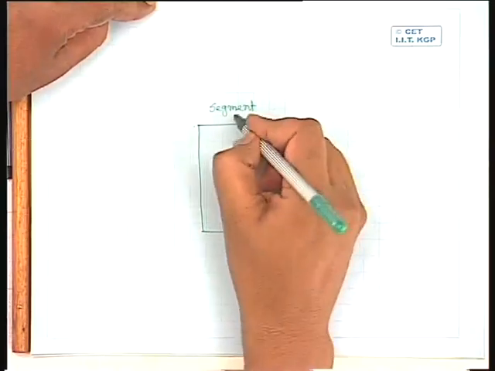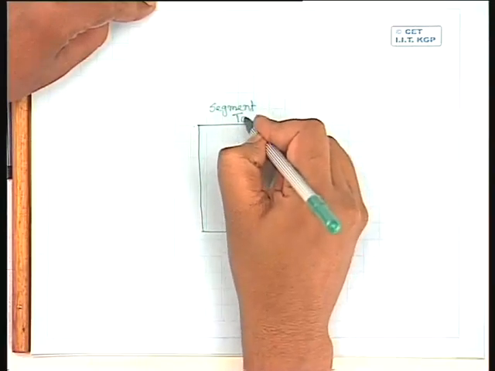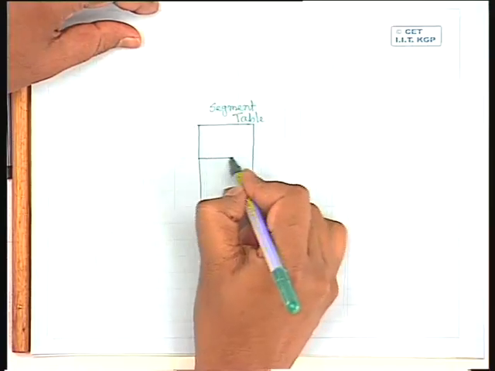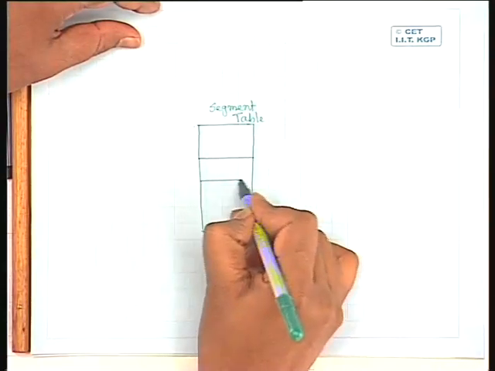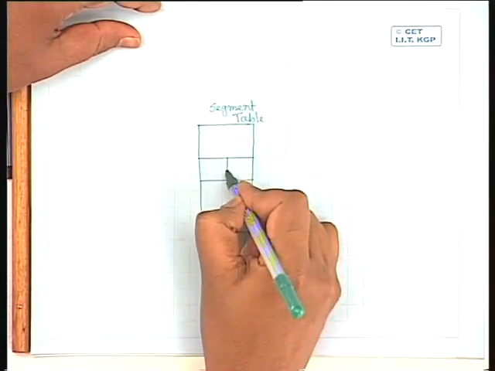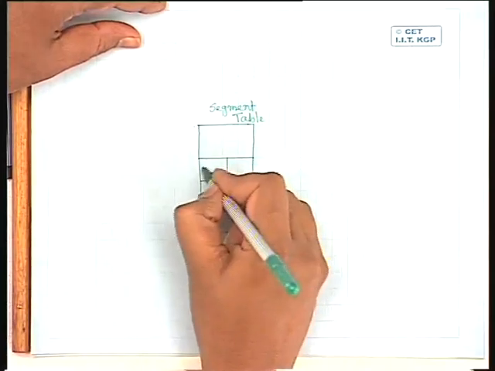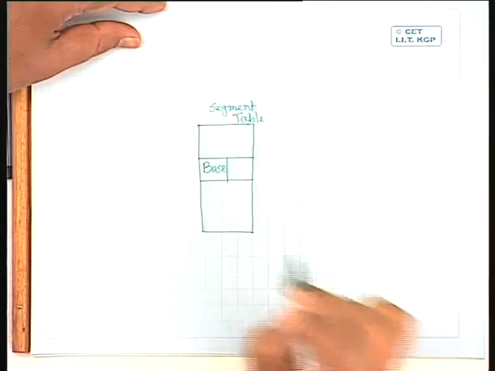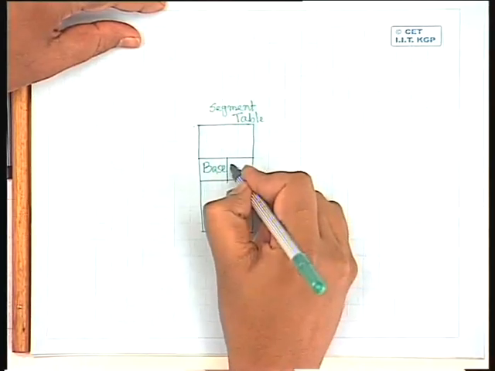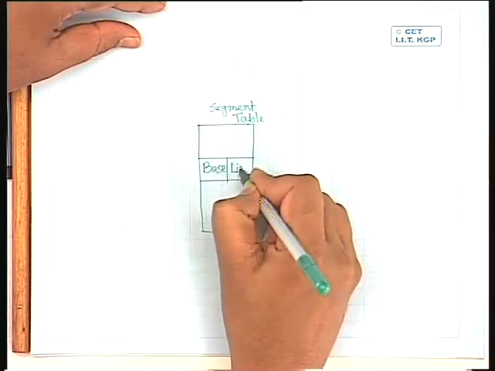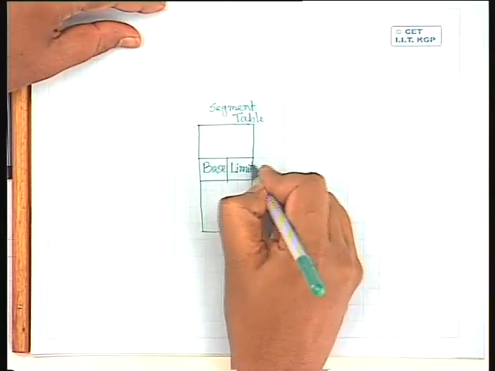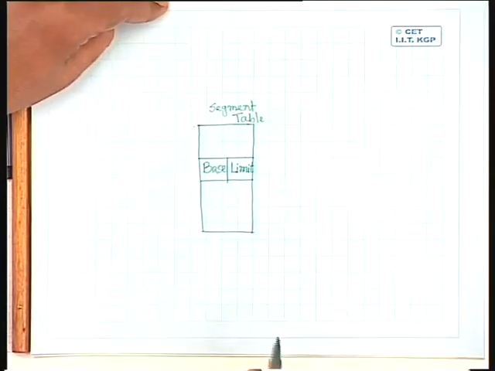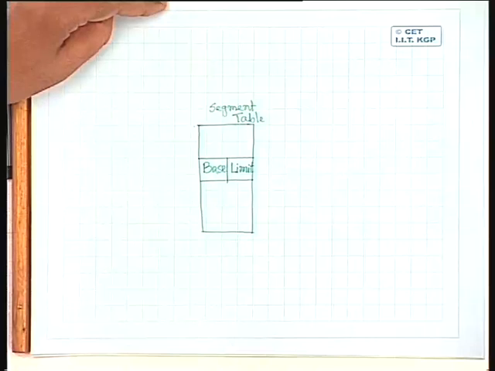Every entry in this segment table will contain two fields. One field will be the base address of the segment, and the other entry will be the limit of the segment. Limit means what is the maximum offset allowed within that segment. That is nothing but the segment length.